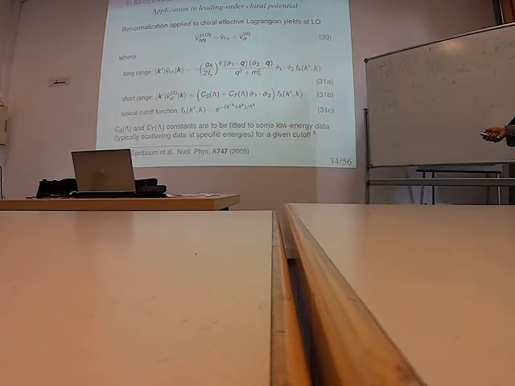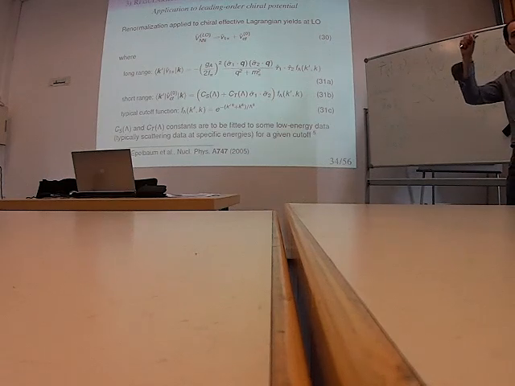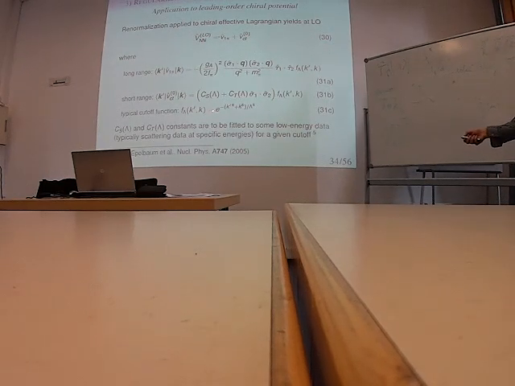And then you have a dependence on lambda. If you repeat the job with another cutoff parameter, you should refit your low energy constants, low energy parameters. And then if you draw a curve, you will see that your constants here depend on the actual scale you chose, on the actual value of this cutoff parameter.